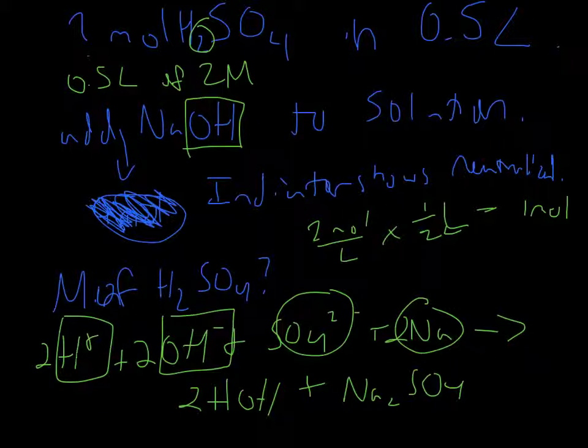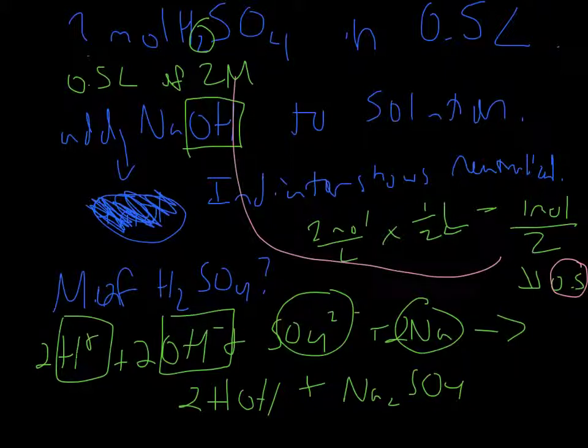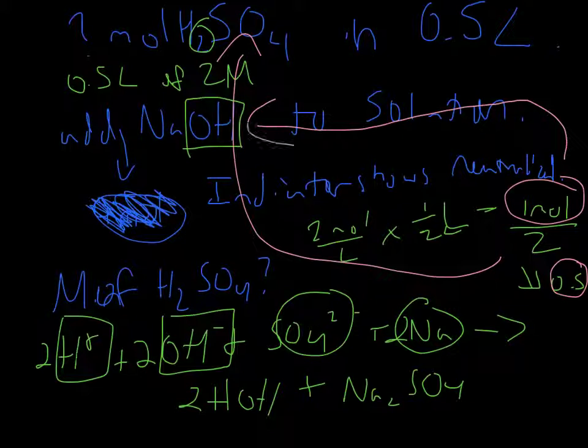We know that there has to be a 2-to-1 ratio, right? So it means we have half as much H2SO4, so 1 over 2 makes 1/2. If I change colors, the 1/2 is for that, 1 for that. So we have half a mole of H2SO4 in half a liter. I know, again, it's kind of scrunched in, but we're pretty much done.